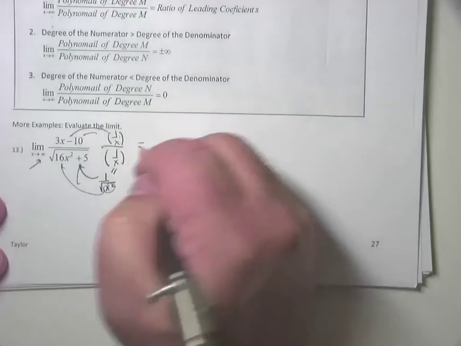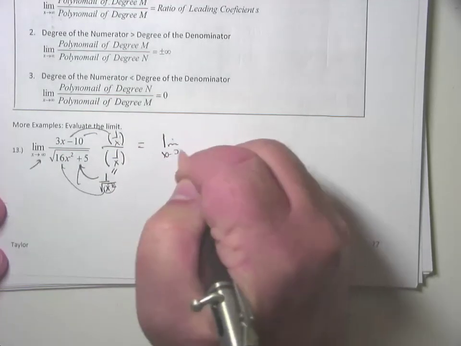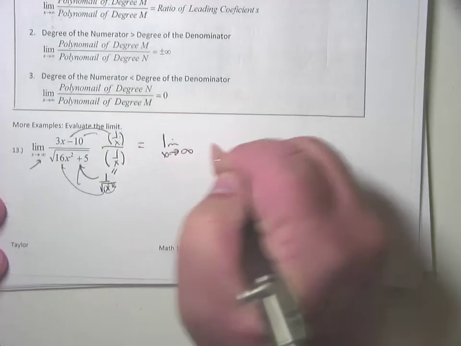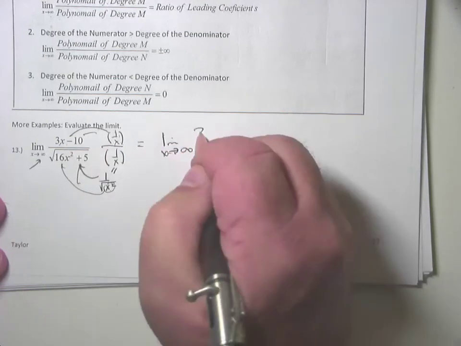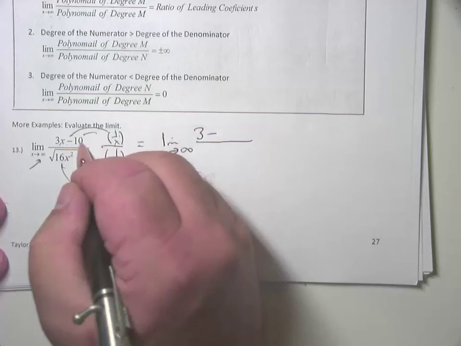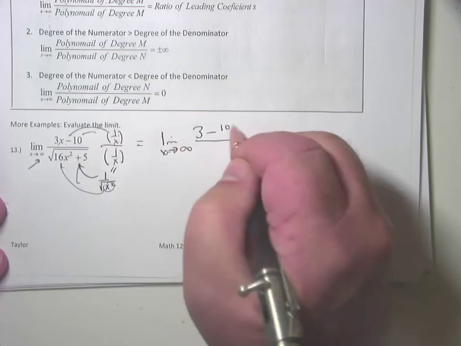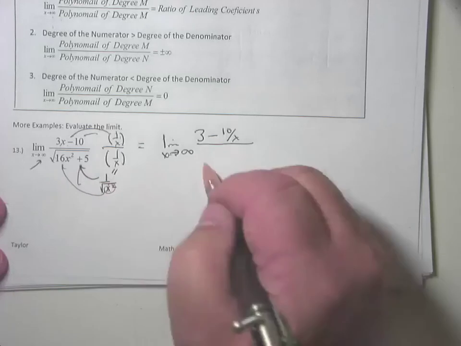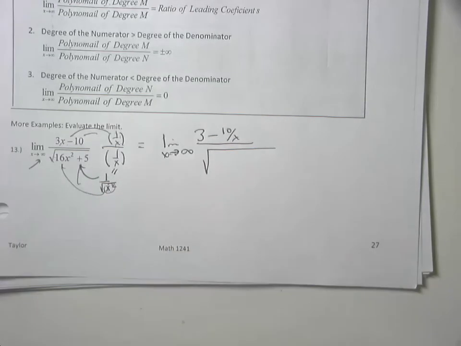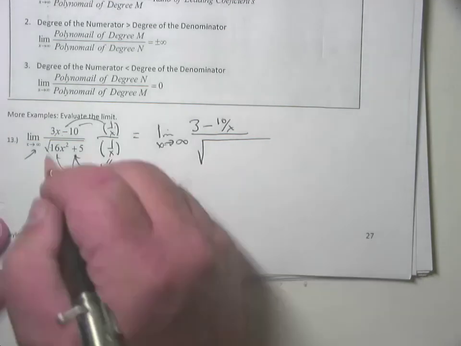So this would be equal to the limit as x approaches infinity of, what's 3x times 1 over x? 3 minus, what's 10 times 1 over x? 10 over x. Now we're combining these two radicals here, so it's one big square root. Square root divided by a square root is still a big old square root. But now the x squared is going to get distributed inside.